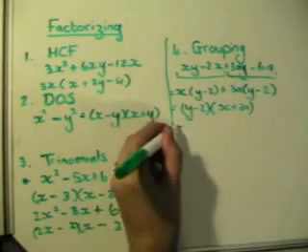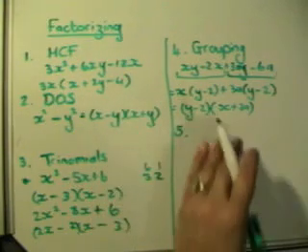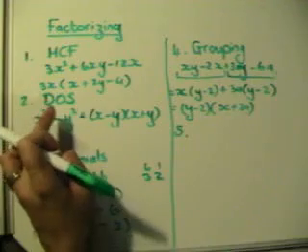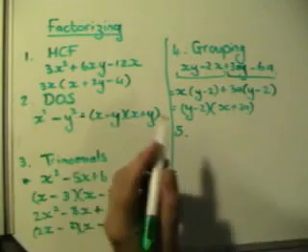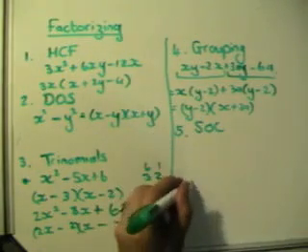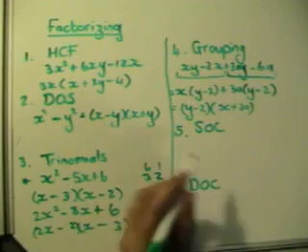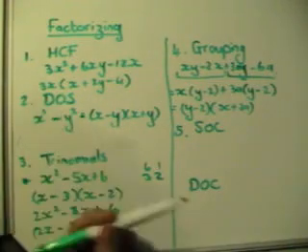And then the last type of factorizing that you must be able to do is actually 2 things that compares to this. It's just the difference of cubes and the sum of cubes. This one is the difference of 2 squared numbers.